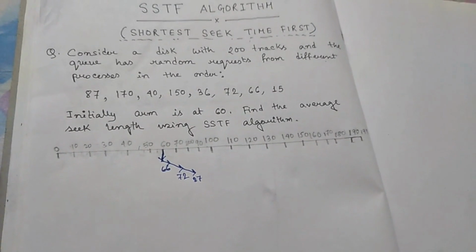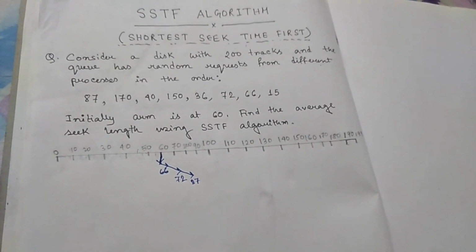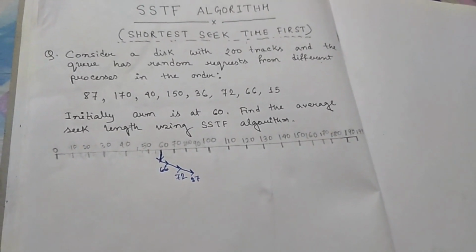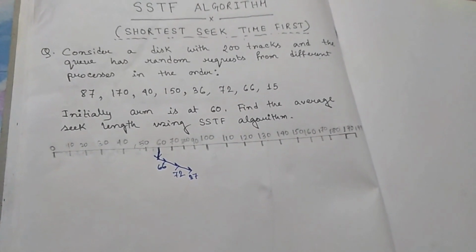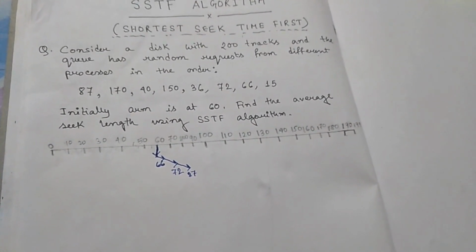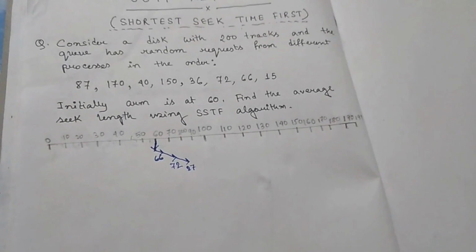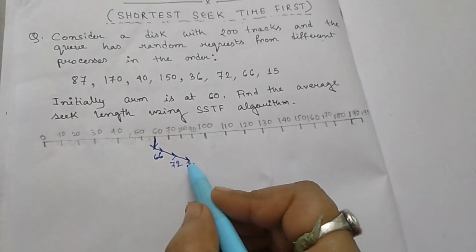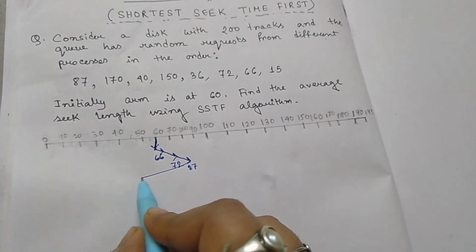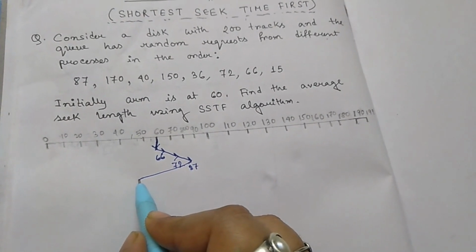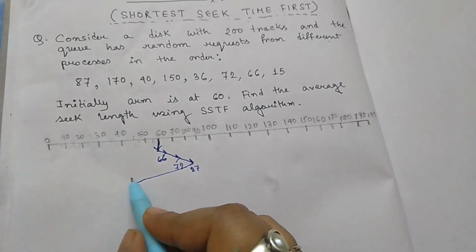According to the SSTF algorithm rule, we have to consider the nearest job. That's why we consider here the next nearest job of 87 is 40, right?